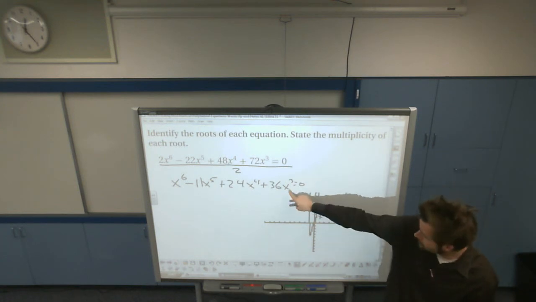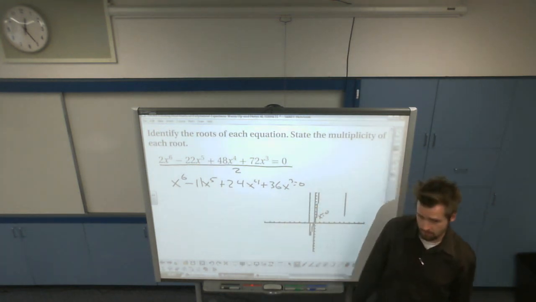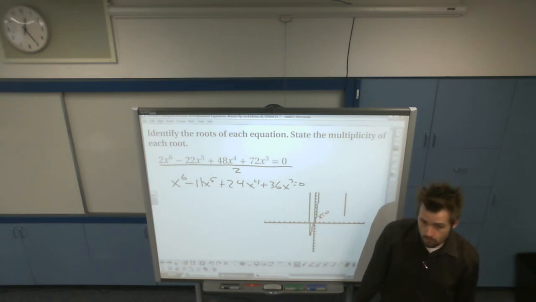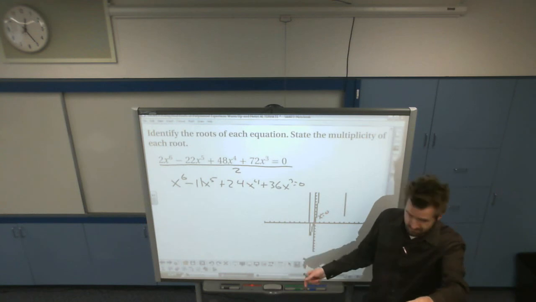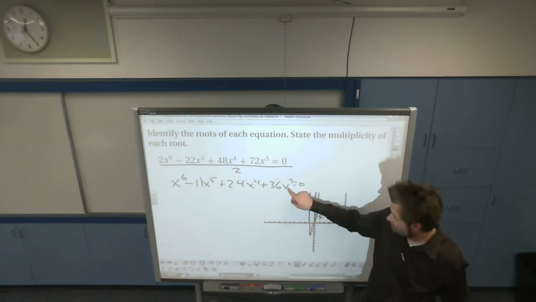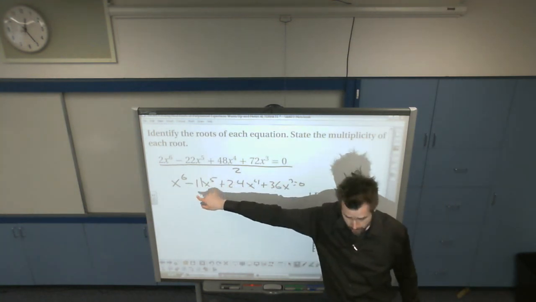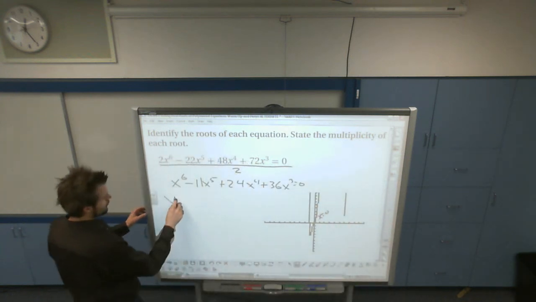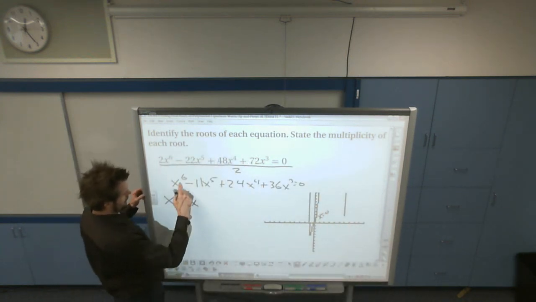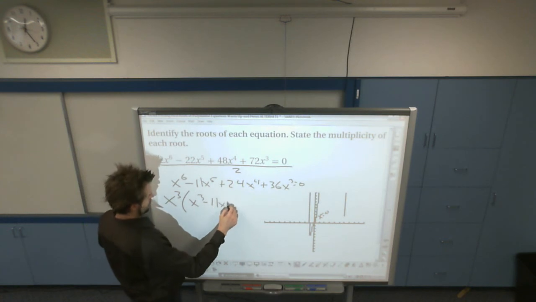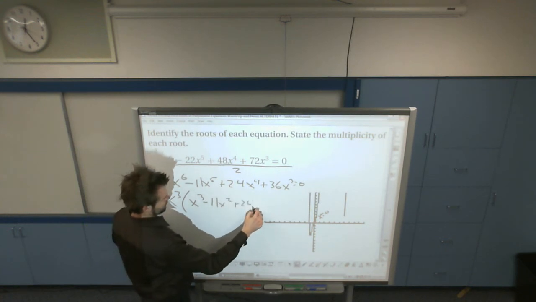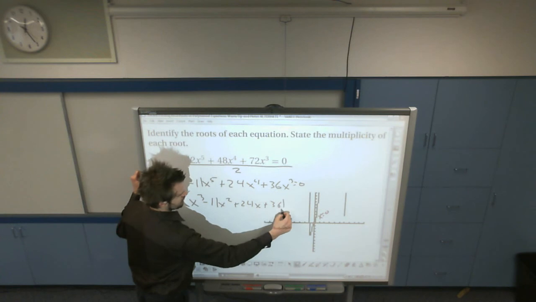How can you tell by looking at this immediately that that's correct? X to the third. Kind of related to that, but more specifically, what is the GCF here? There's an x to the third, right? You could pull x to the third out and have x to the third minus 11x squared plus 24x plus 36.